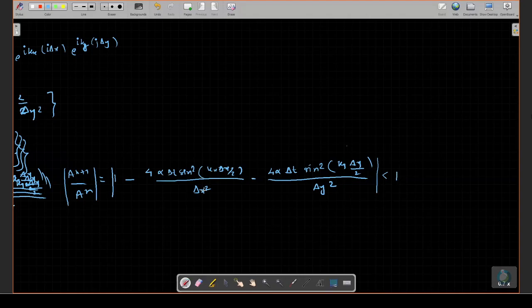Now looking at this magnitude of 1 minus so and so less than 1, it implies that this inside term has to vary from minus 1 to 1. That is, 1 minus 4 alpha delta t sine square kx delta x by 2 divided by delta x square, minus 4 alpha delta t sine square ky delta y by 2 divided by delta y square.